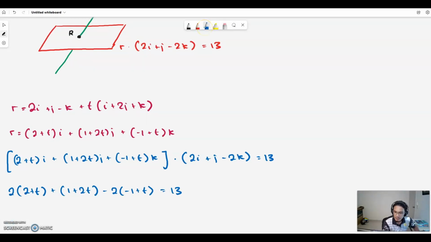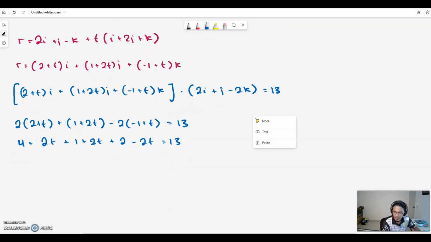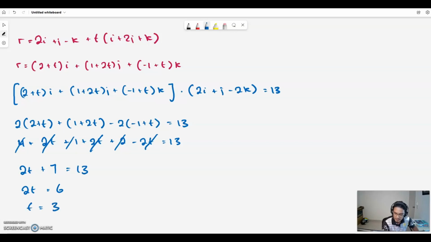And then we have 4 plus 2t plus 1 plus 2t plus 2 minus 2t equal to 13. Then we have 2t, and 4 plus 1 plus 2 is equal to 7, so 7 plus 2t equals 13, then 2t is equal to 6, then t is equal to 3.